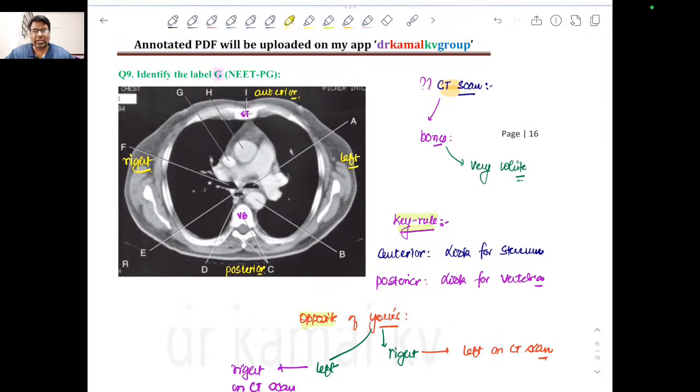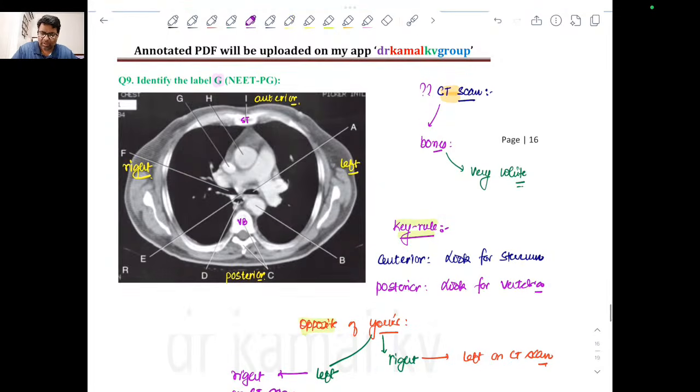Now remember one more thing: blood, because it contains calcium, will also appear white on CT scan, right? So here blood will also appear white because it contains calcium. Then another question is, what is this black? Black here, black here, black here, black here.